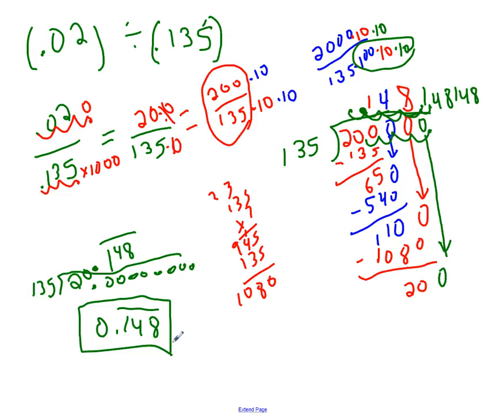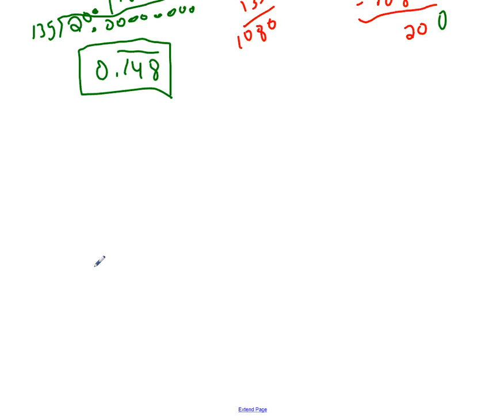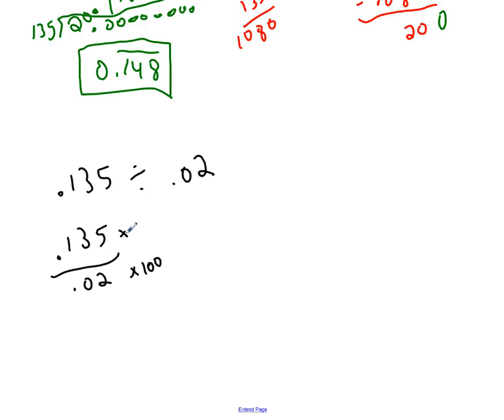Clearly very different from 0.135 divided by 0.02. This only has 2 numbers after the decimal. So I only have to multiply by 2 tens to get a whole number divisor.